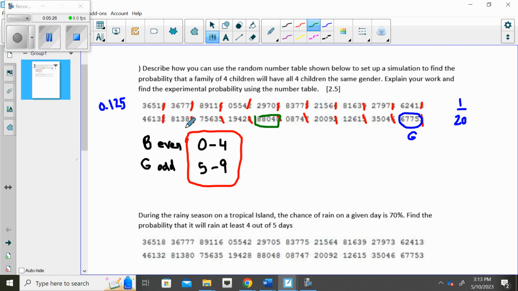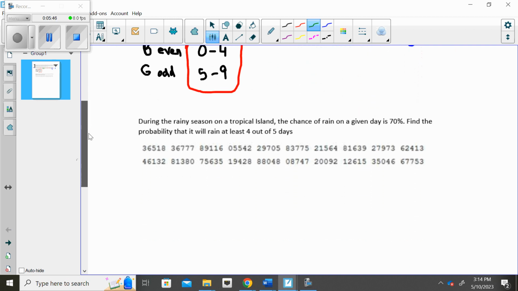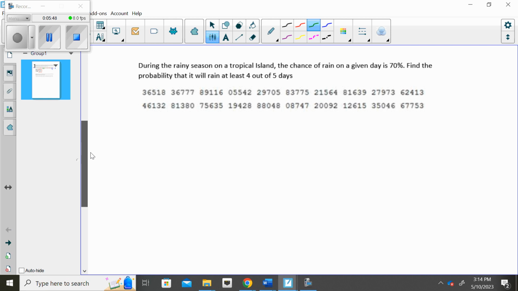I'm having combinations of evens and odds here. Even if you did evens and odds, you'd still get 1 out of 20. So let's come down here and take a look at this scenario.